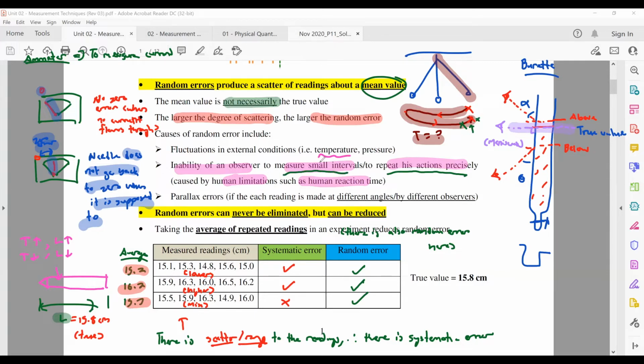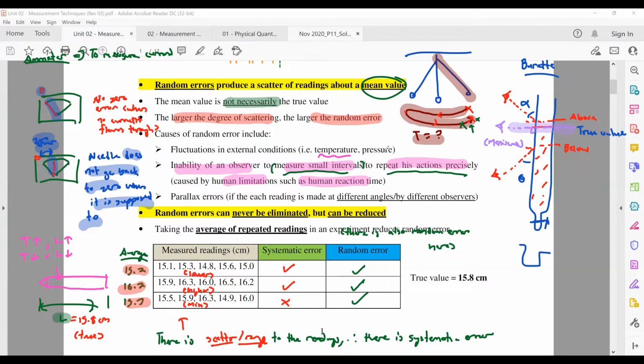Because right now you're trying to press the stopwatch by hand, and by observation using your eye, and then coordinating it with your hand movement. During that small time interval, you cannot do so precisely. You might end up stopping your stopwatch too early or too late. That's what we mean by inability to measure small intervals.